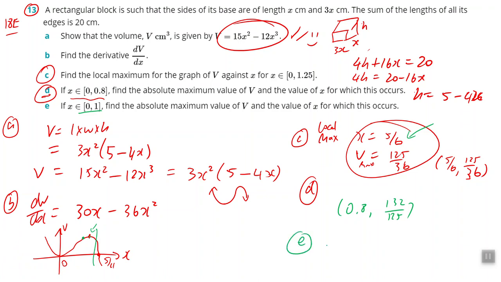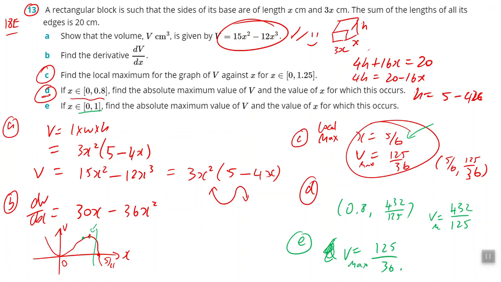So for part E, I should answer the question. The maximum V in part D would be 432 on 125, and the maximum value in part E would be back to the original, 125 on 36.